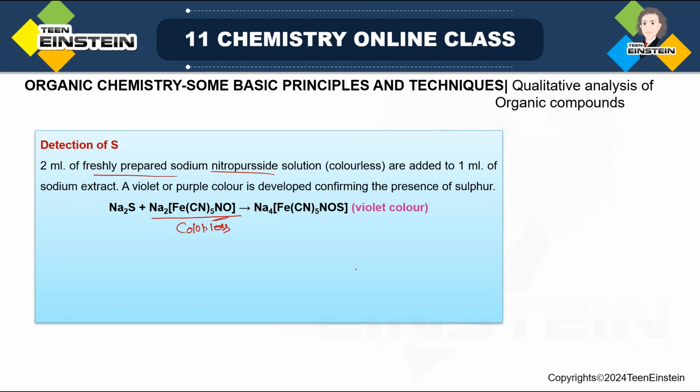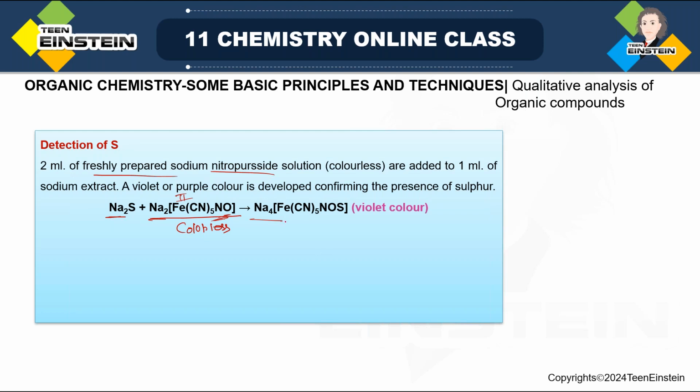So, what is the difference happening here? Now, these 2 sodium ions combine with the sulfide, and now it has Na4, a total of 4 sodium ions. Here, the oxidation state of iron is +2 and there are 5 cyano ligands. That means 3 negative charge, but from NO, 1 negative charge is neutralized. So you are left with -2 charge, which is balanced by 2 Na.